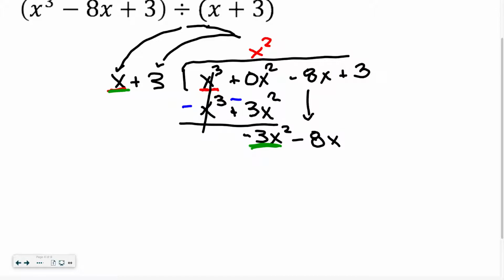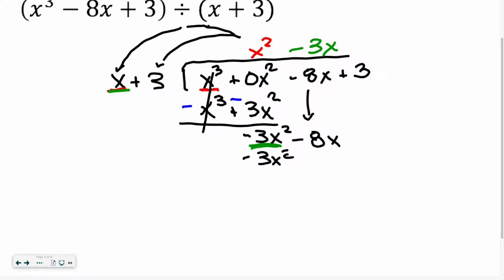Negative 3x. Distribute: negative 3x times x is negative 3x squared. You want them to be exactly the same, so that when you subtract them, they turn into opposites. Where did you get 3x again?